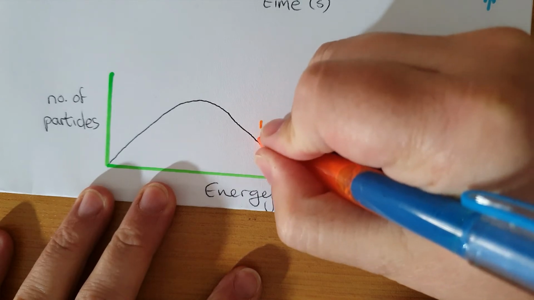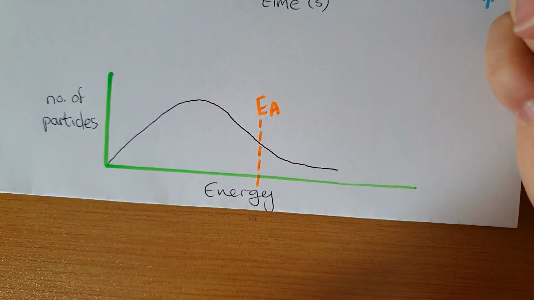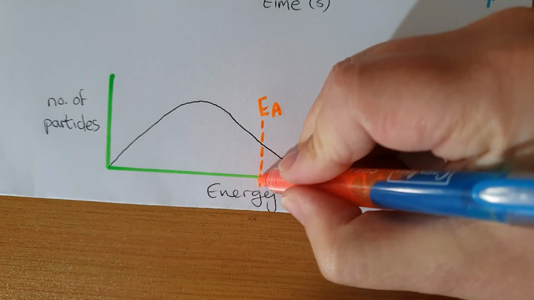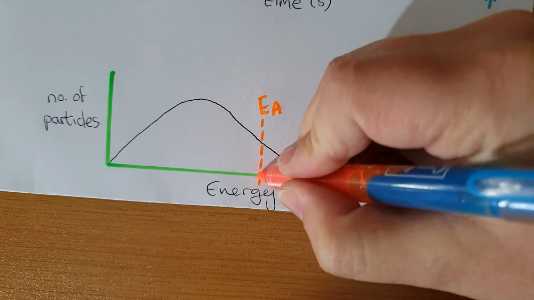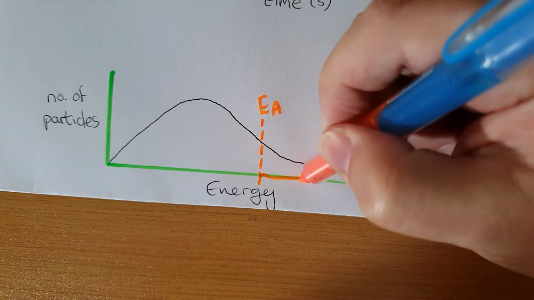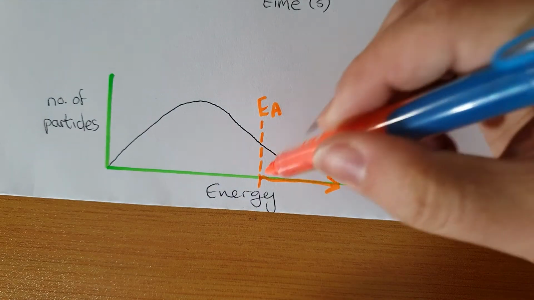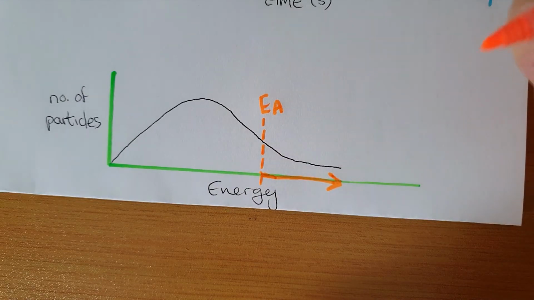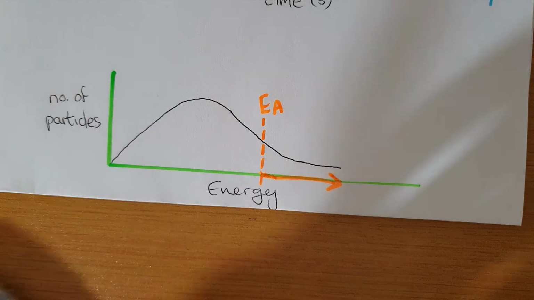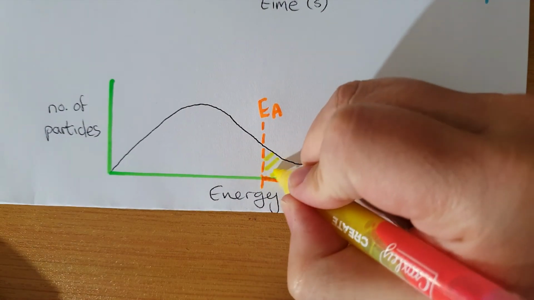So at some stage there will be the activation energy. If you look here, that's the energy here, and it's the minimum amount of energy for particles to react. So anything above that energy is energy more than what is required. If we draw our area, we're looking at particles and energy together.